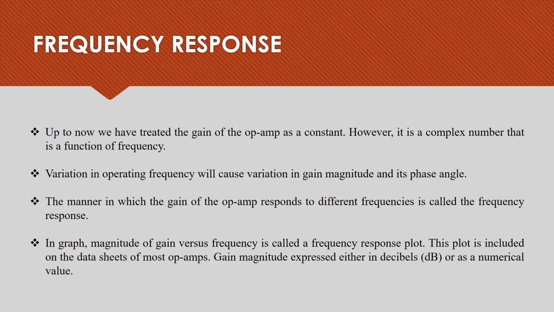Therefore, at a given frequency, the gain will have a specific magnitude as well as a phase angle. This means that the variation in operating frequency will cause the variation in gain magnitude and its phase angle.